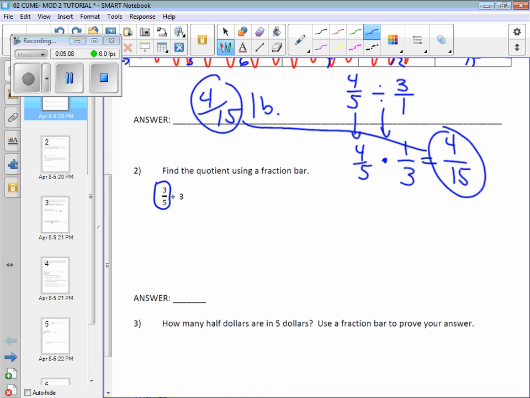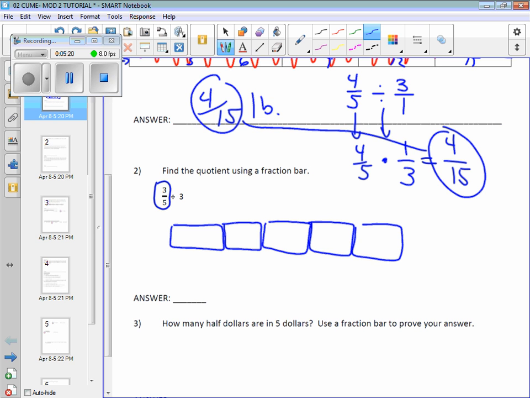This first fraction is going to be the model for my fraction bar. I'm going to make 5 segments, and I'm going to shade 3 of those. That's now modeling 3/5.